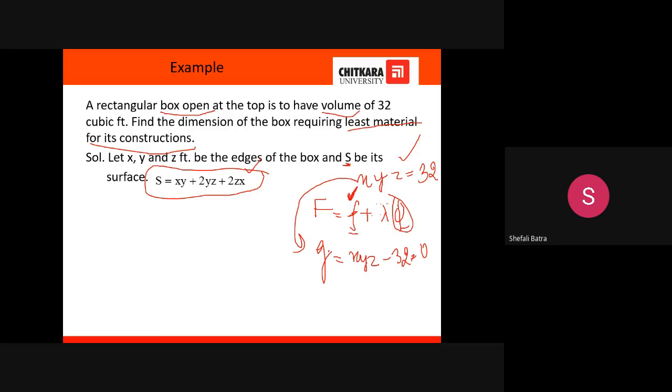Okay, is it clear after reading the question what should be the least? Surface area should be least. It means surface area should be minimum, right? So we need to take this as a small f function because हमने इसको क्या बताना है, that is least. So whatever is least or maximum, that will be considered as a small f.